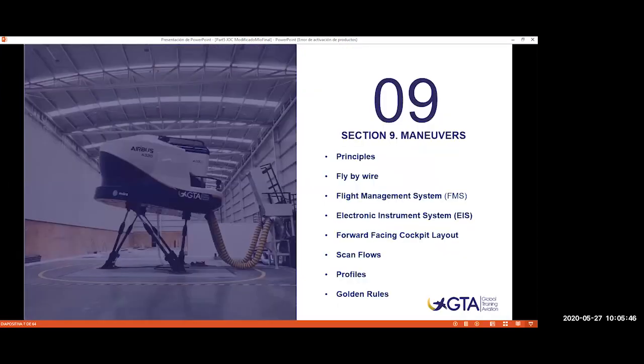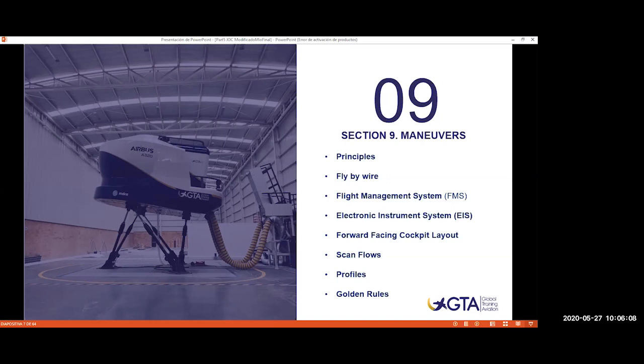What we are going to talk about. We are starting with the principles of the Airbus. Then we are going to see what fly-by-wire is, and what the flight management system is on this A320. Then we are talking also about the electronic instrument system.